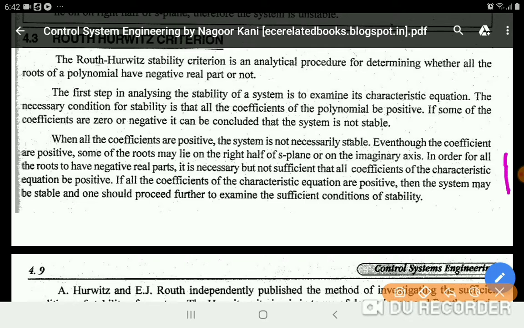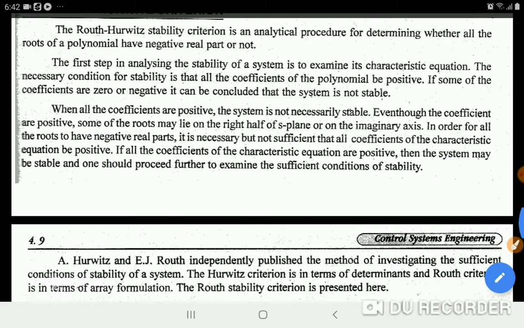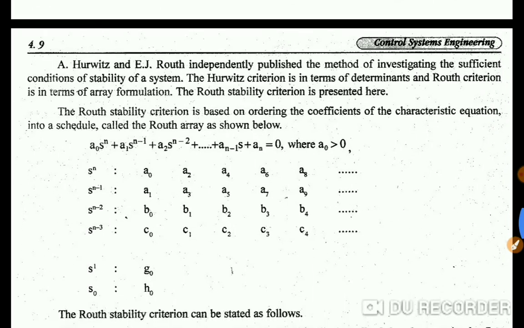For all the roots to have negative real parts, it is necessary but not sufficient that all the coefficients of the characteristic equation be positive. I don't want to confuse you again and again. You just freeze the point: we need positive coefficients. That's all. Then while discussing the problem, I will explain one by one.